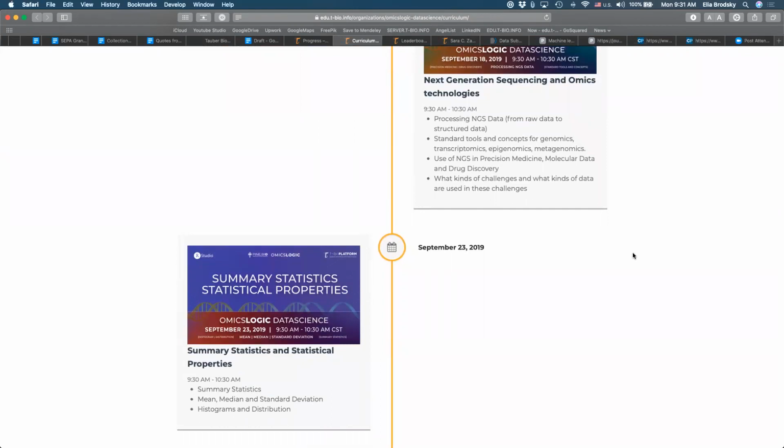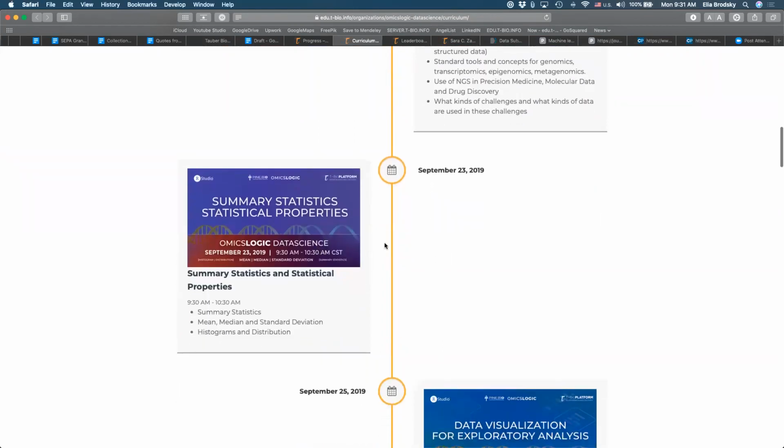We looked at summary statistics and statistical properties, how you can visually and statistically summarize the data, look at different data properties, and prepare an overview of what it is that you are thinking of in terms of comparing different types of data sets or groups and things like that.